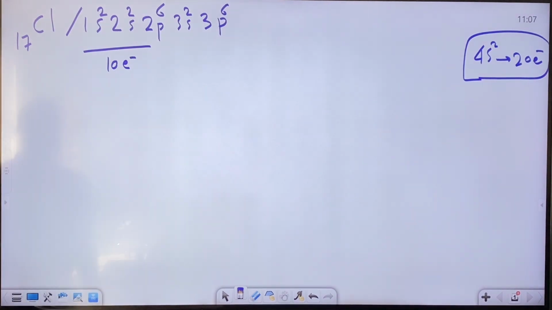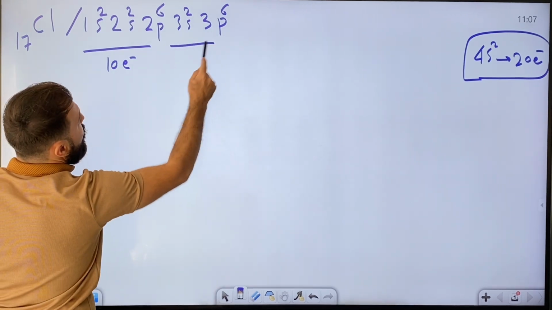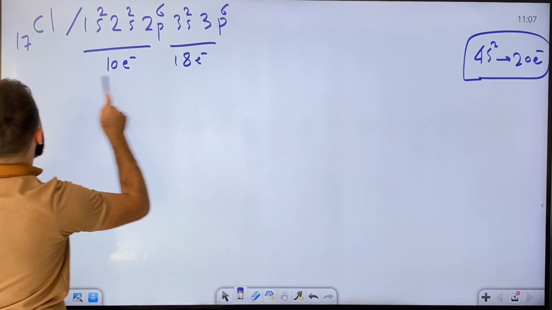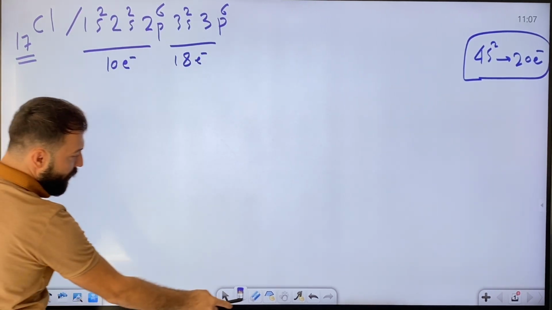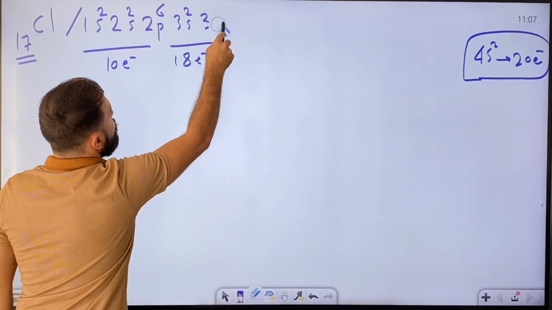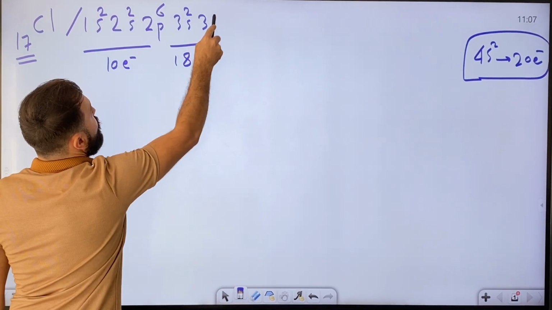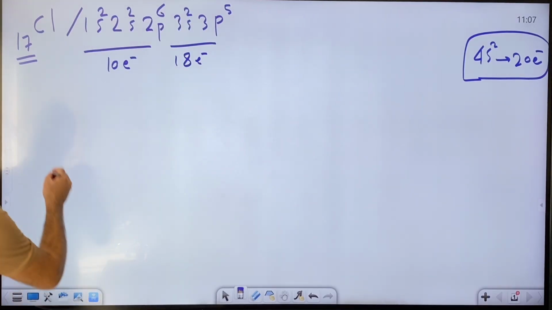How many electrons are here? 10 plus 8 equals 18. I have only 17, so I will remove one from this. The result is 3p5.